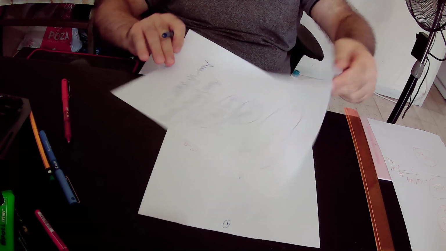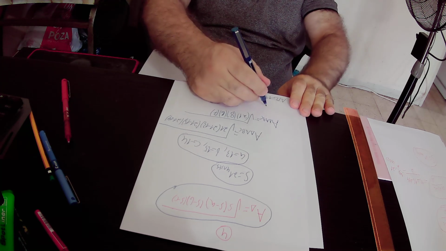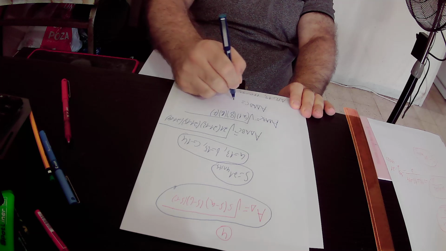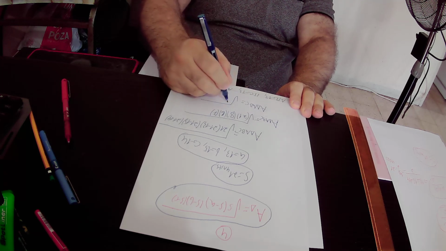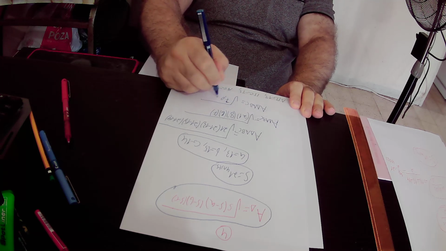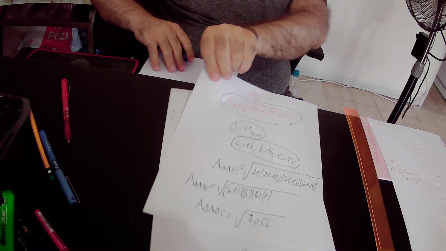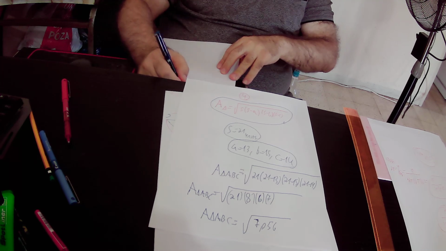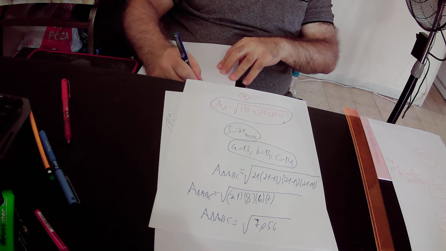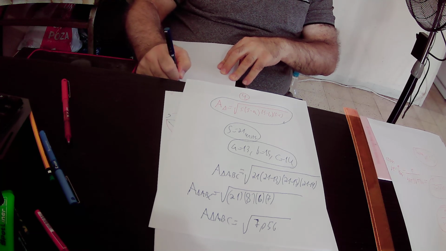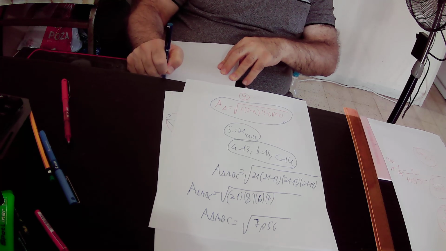So the area of triangle ABC equals the root of 7056, and the root of 7056 equals 84 square units.